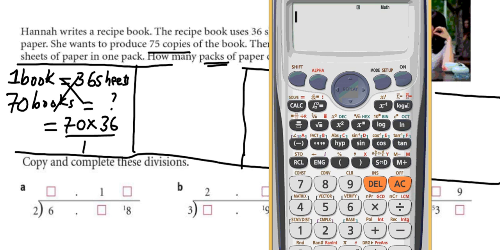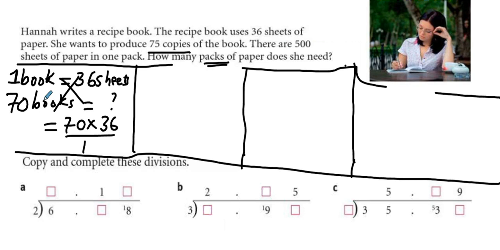Now do 70 multiplied by 36. We are getting 2520. These are sheets of paper.